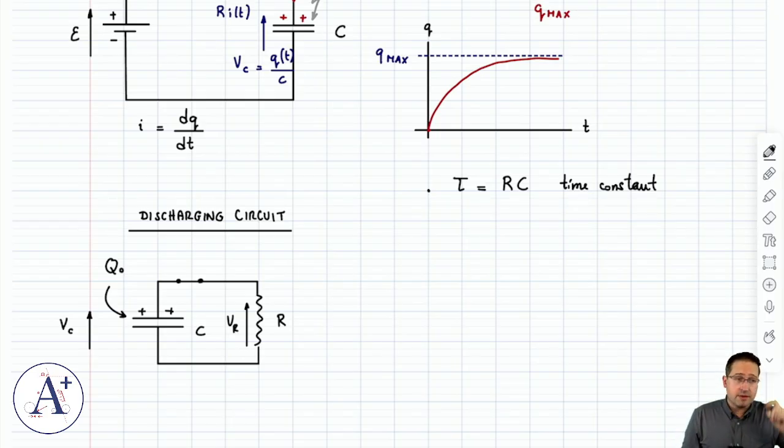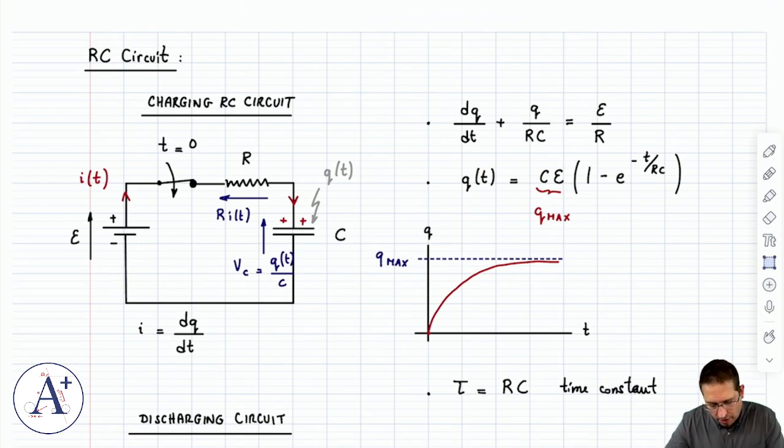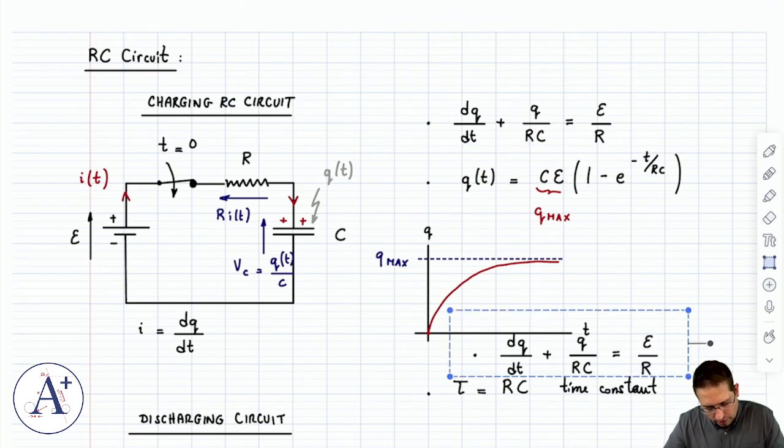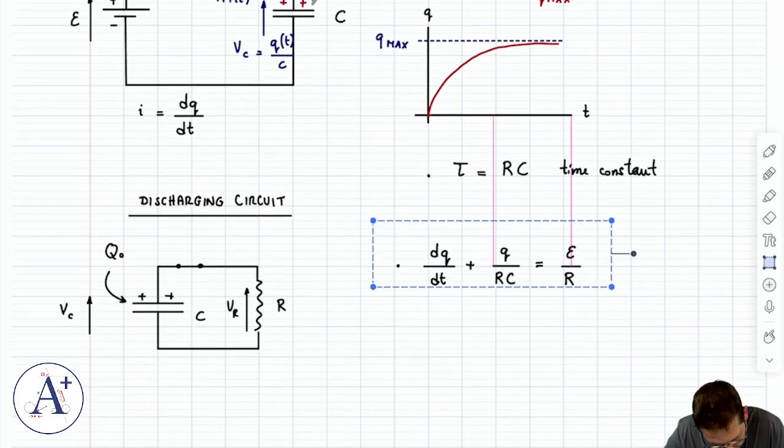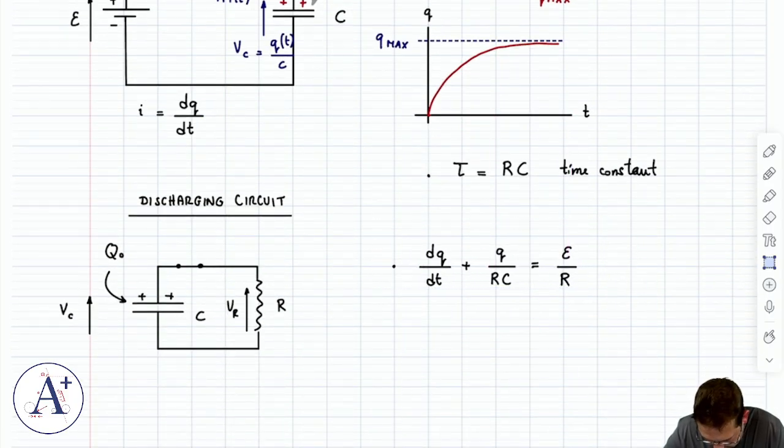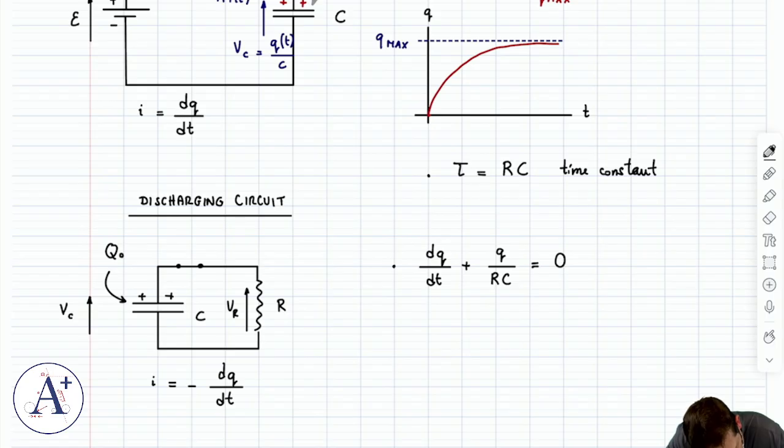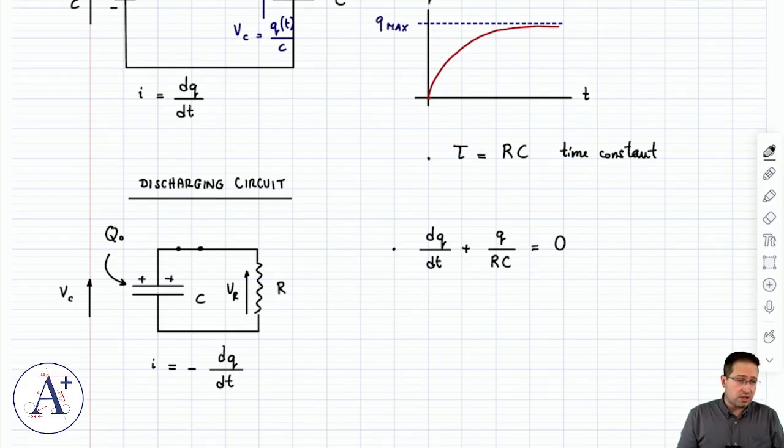And what you're going to get is a similar type of behavior where if you write the loop law, you're going to get this, but it turns out that because there's no battery, the right-hand side is going to be 0. And by the way, in this case, I would be minus dq dt, because actually dq dt is going to be negative, because the capacitor loses charge, so Q decreases.